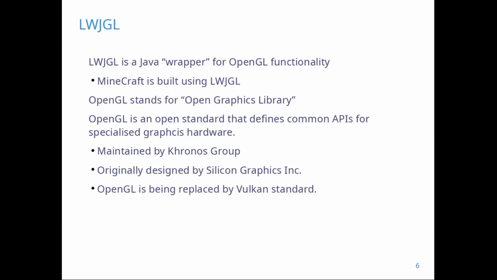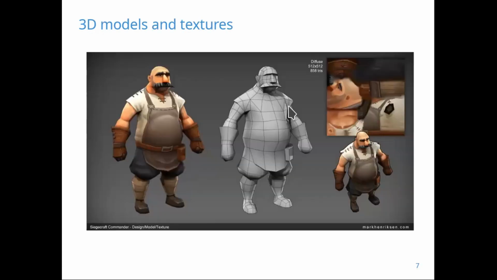Have you ever tried to create 3D models? Well, if you did, you know that in 3D modeling, we have two categories of things. We have 3D shapes and we have two-dimensional textures, which we chop and paint or glue on top of the three-dimensional shape.